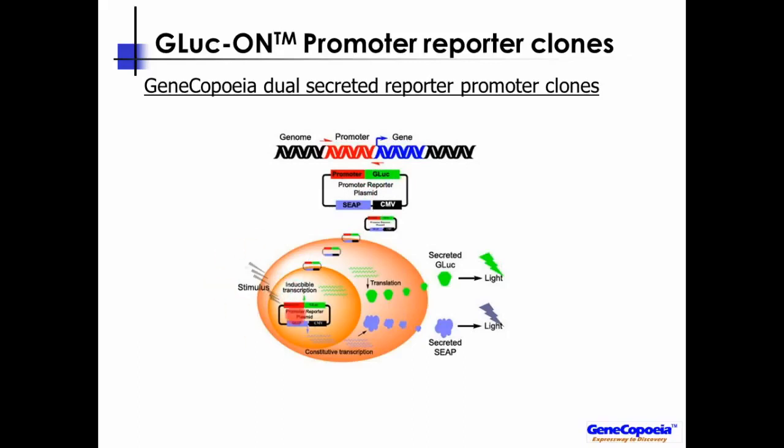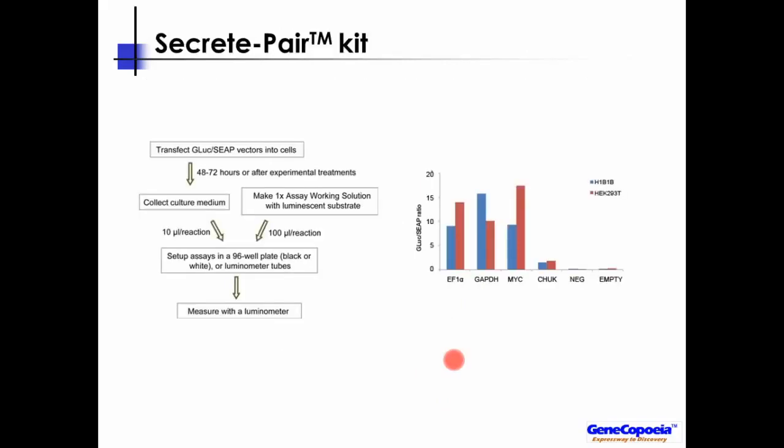You add your stimulus, like I said, some kind of ligand, and then you measure just in the medium both the secreted GLUC and the secreted alkaline phosphatase. In conjunction with the SecretePair kit, this gives you a very convenient promoter reporter assay.